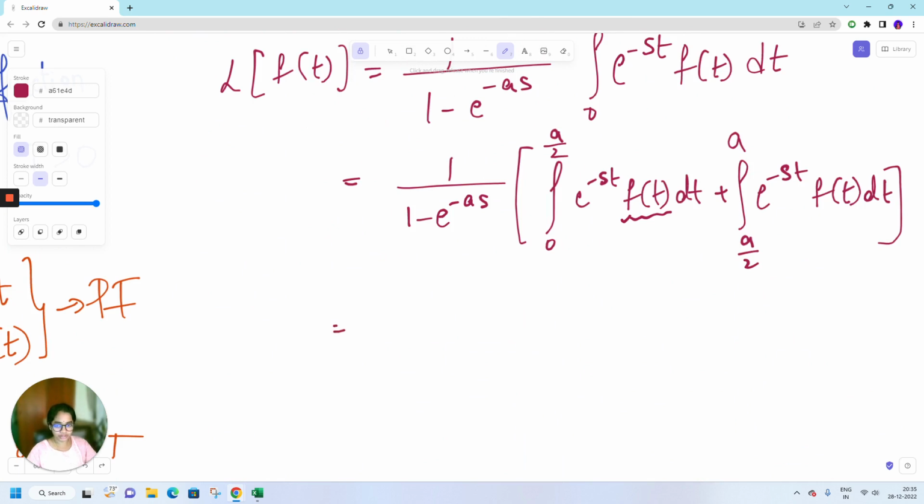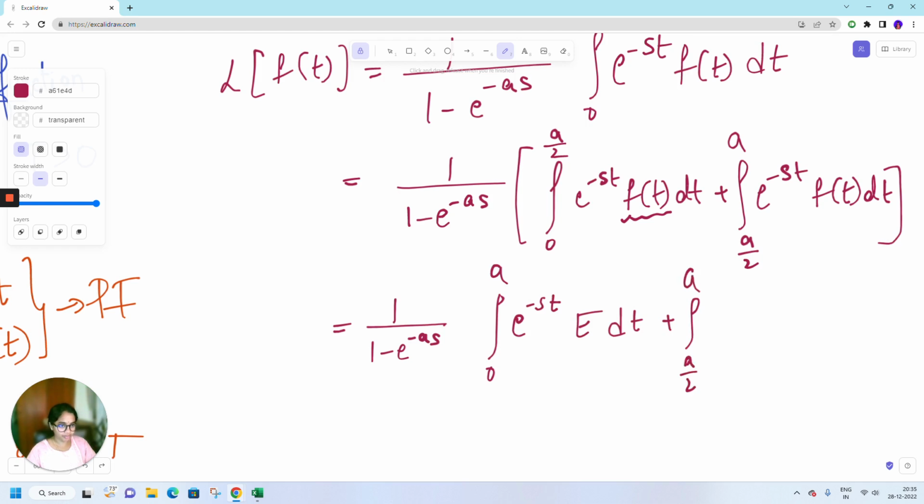I would get 1 divided by 1 minus e power minus as, integration from 0 to a of e power minus st e dt plus a by 2 to a e power minus st minus e dt.